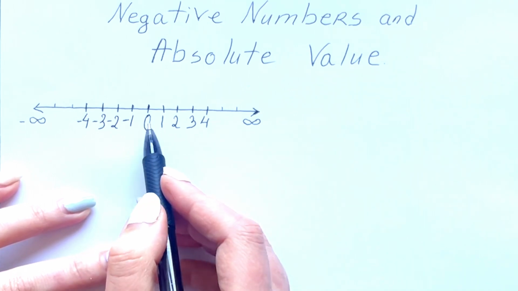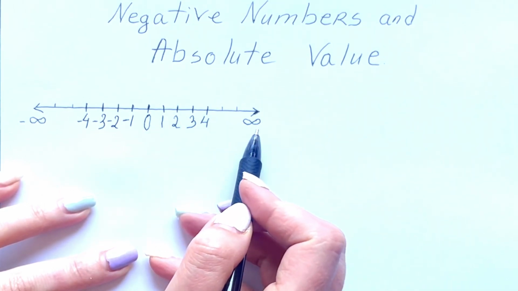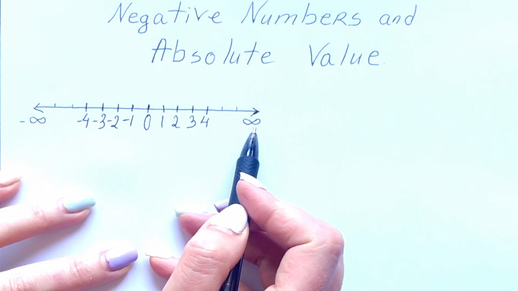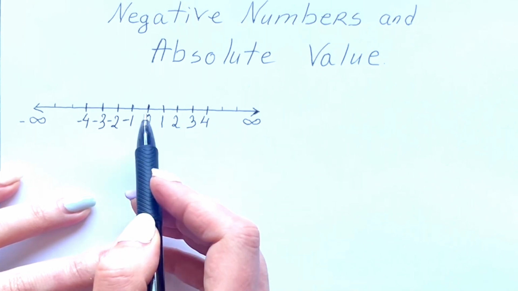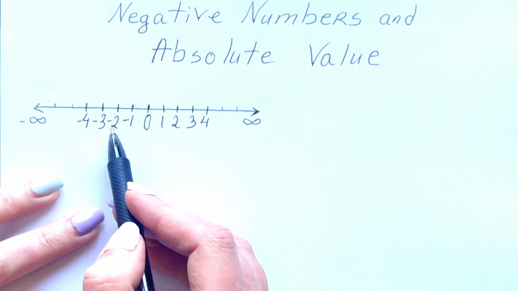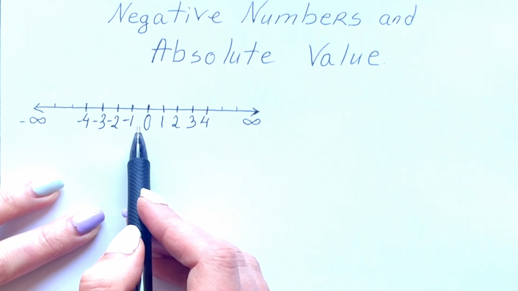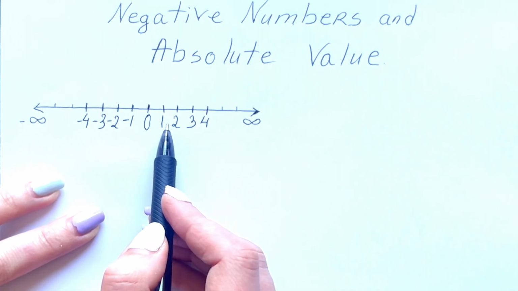So the right side of the zero until positive infinity are the positive whole numbers. On the left side of the zero are the negative whole numbers. They are the opposites of whole numbers.